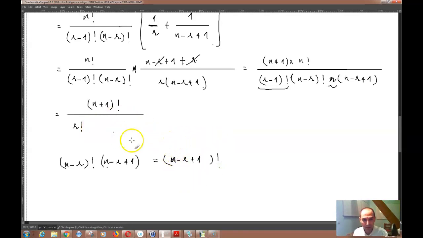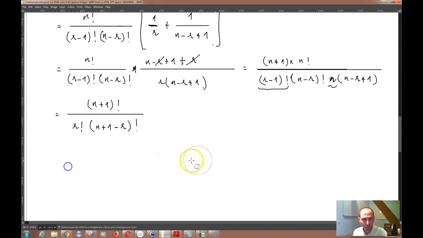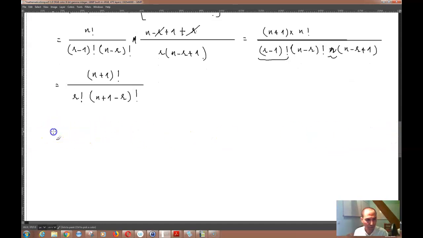Which you can write as n plus 1 minus r factorial, right? So now putting these together, over here I have n plus 1 factorial, and over here I have r factorial times n plus 1 minus r factorial. Now you know that the formula for n combination r is n factorial over n minus r factorial times r factorial.